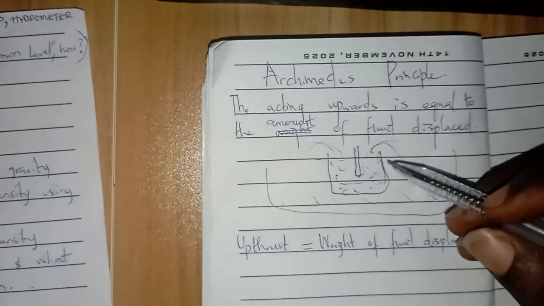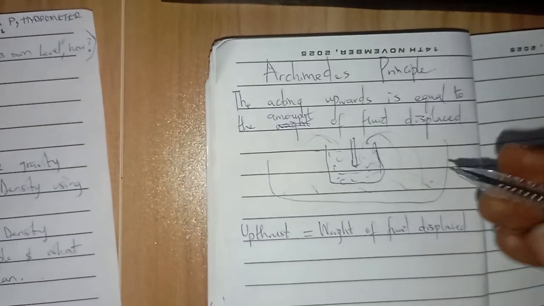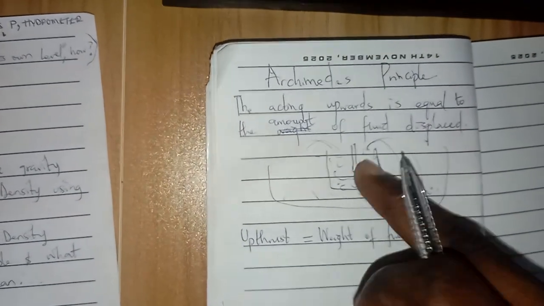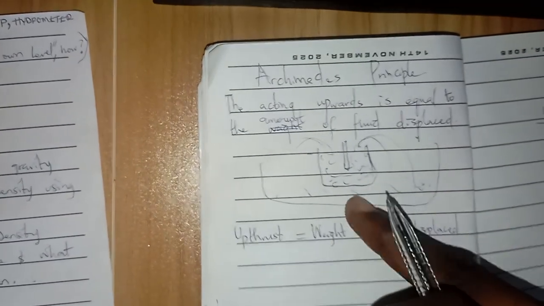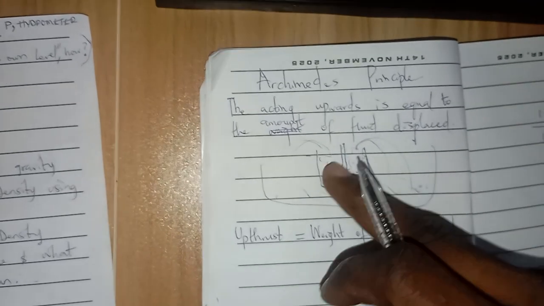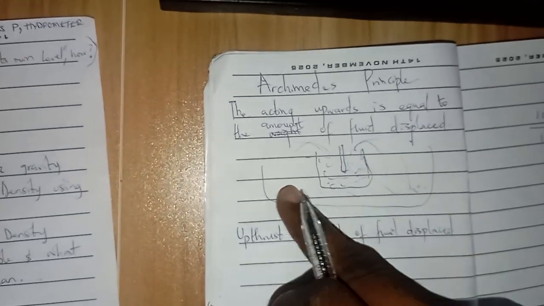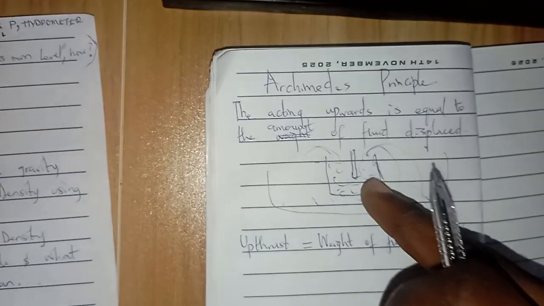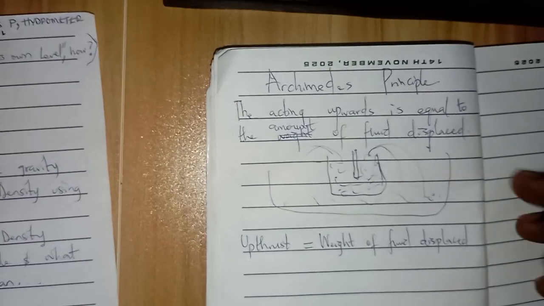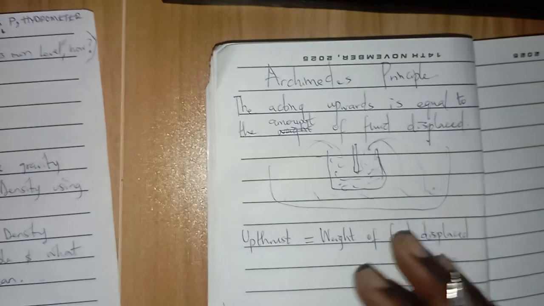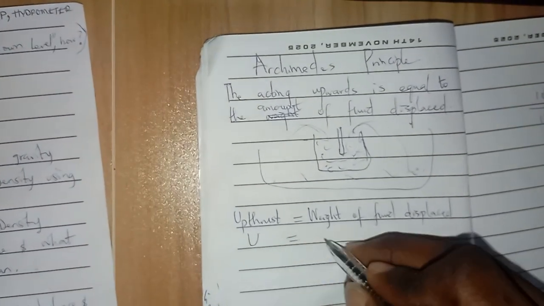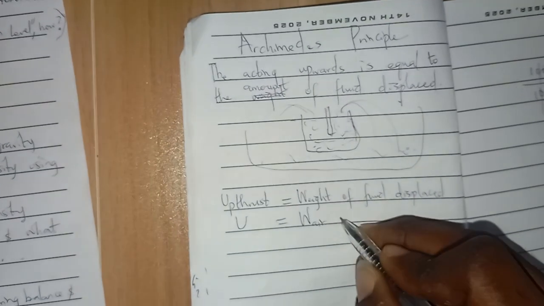So if I have this solid in air to be 5 Newton and it enters this water, and I notice that what it displaces in water is 2 Newton of weight, because whenever something enters water, it tends to have less weight. What it will simply be is that upthrust U is equal to the weight in air minus the weight in water.